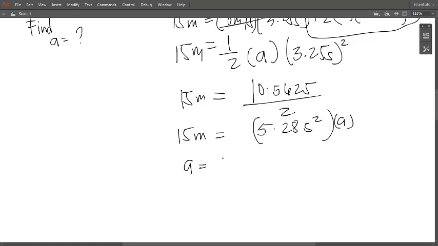So 15 meters will change its position to this one, 15 meters divided by 5.28 seconds squared.